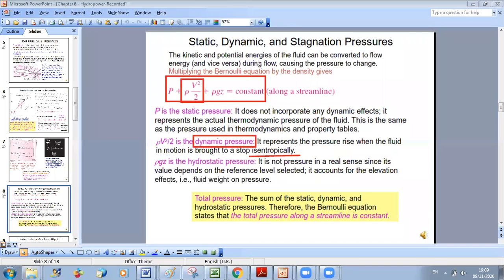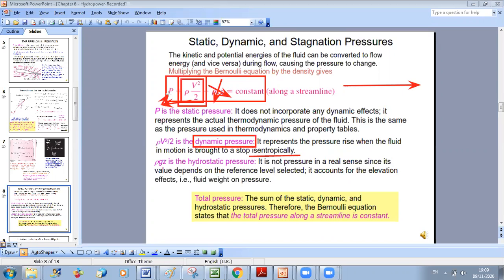Okay, and what will happen in this case? This term will be converted into what? Into a pressure term. Because if I am moving on a straight level, potential energy is not varying. What if I decrease the velocity? What will happen? The kinetic energy will be transformed into another type of energy, which is related to pressure energy.